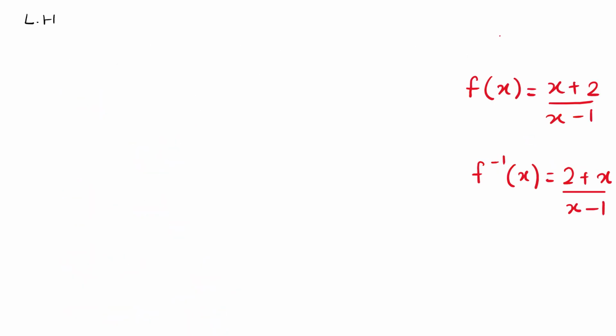Consider left hand side, which is f of f inverse of x. Write f as it is and substitute value of inverse function, which is 2 plus x over x minus 1.